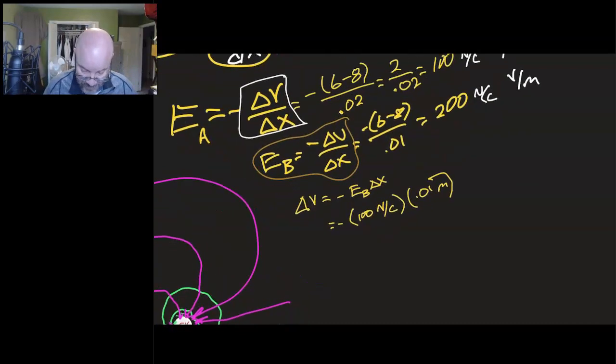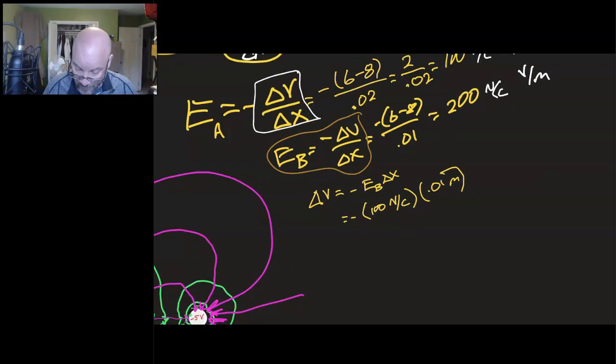If we use our volts per meter unit, now you can see right away I lose my meters, and we find that we've got a negative 1 volt potential difference between those two points.